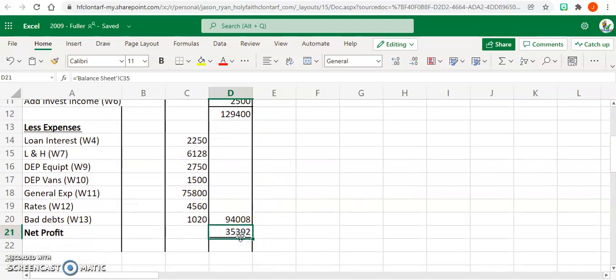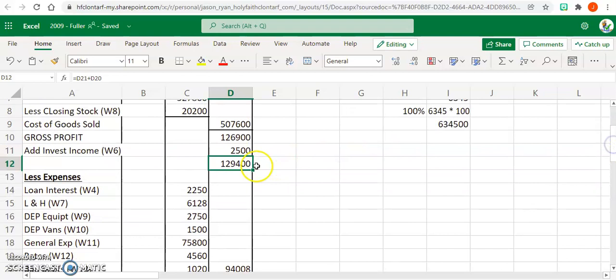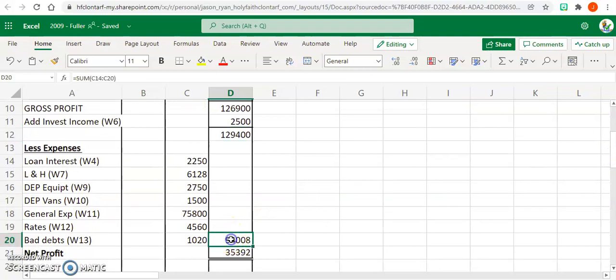We got our net profit, 35,392. We add up all our expenses together and add that on to our 35,392, and that gives our operating income. Then from our operating income we take away our investment income, because we'd usually add it on to our gross profit. If we work downwards, we have a gross profit, add our investment income, and that gives 129,400. Take away our expenses, and that gives us 35,392.